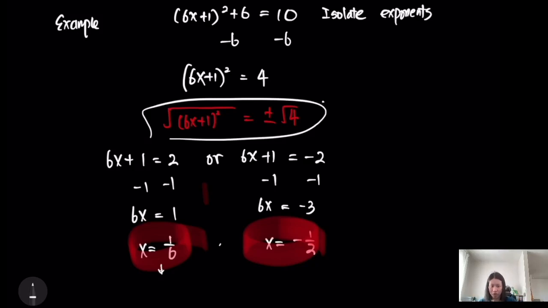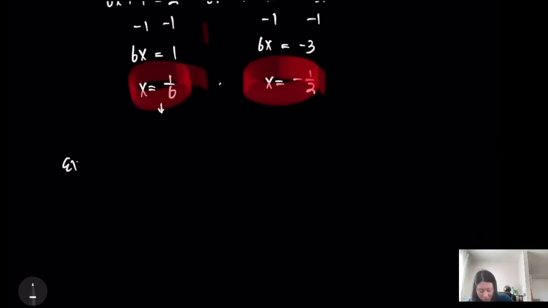All right, so what if your exponent looks like a fraction? Here is an example. If I see something like (4x + 1) raised to the 2/5 power equals 9, first of all, you want to write the exponent as a radical expression.